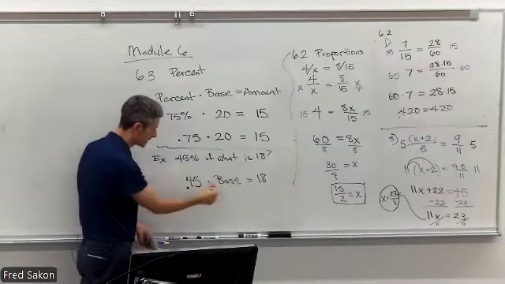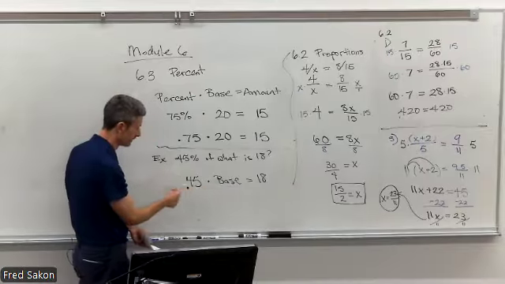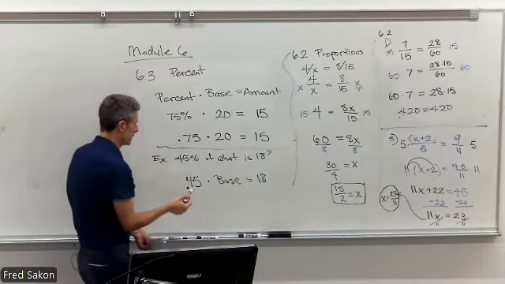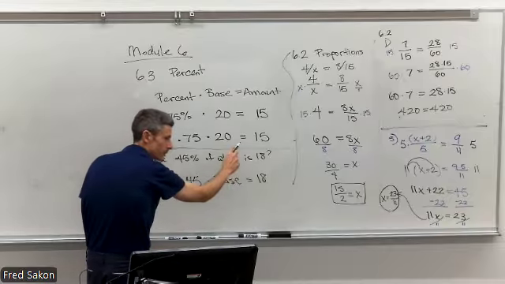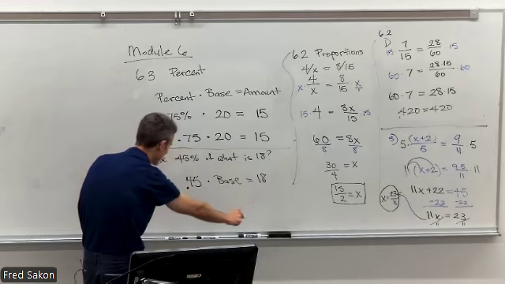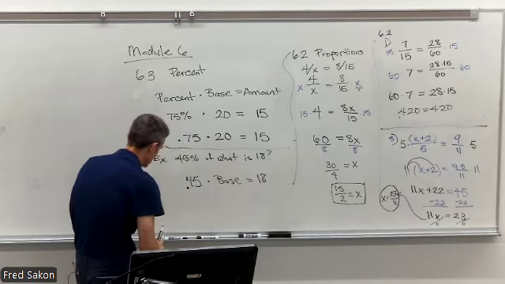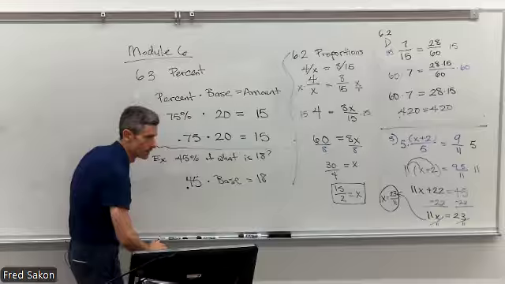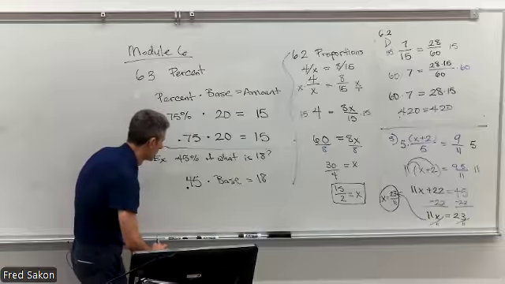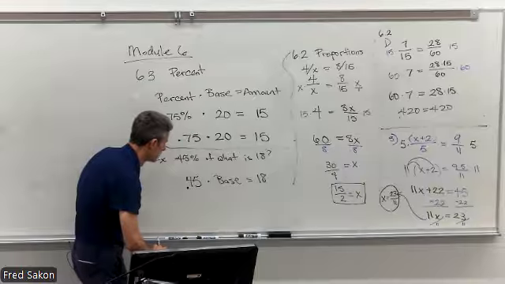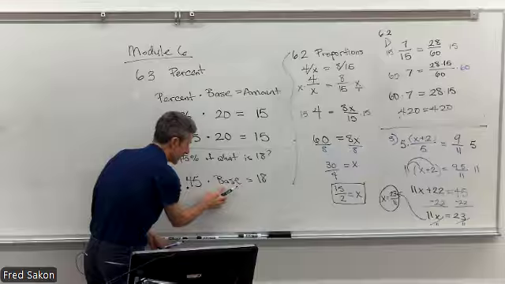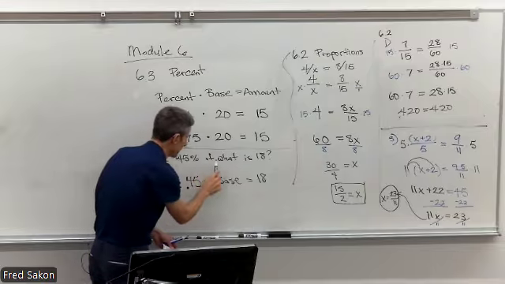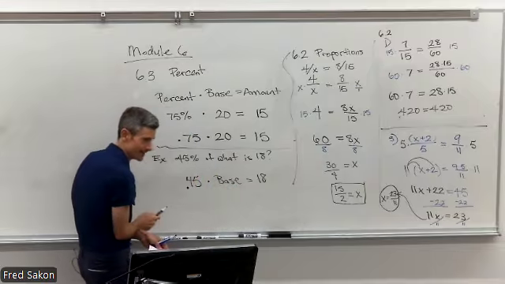And then how do I solve that kind of thing? Number times don't know equal number. What do I do? If the 18 were here, I would agree with you. 45% of 18 is what?